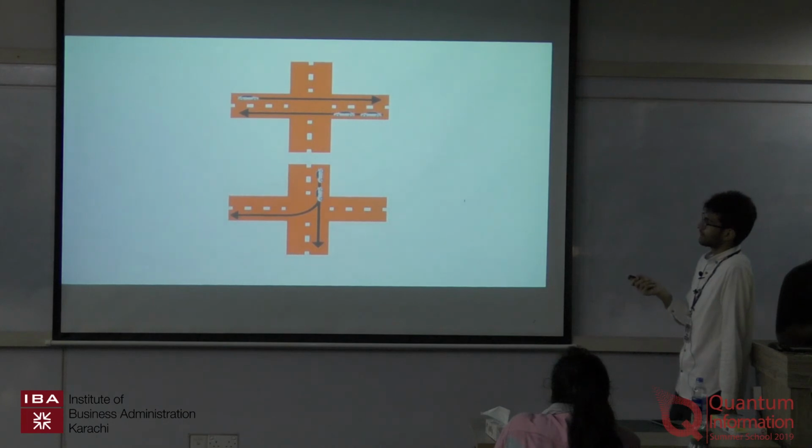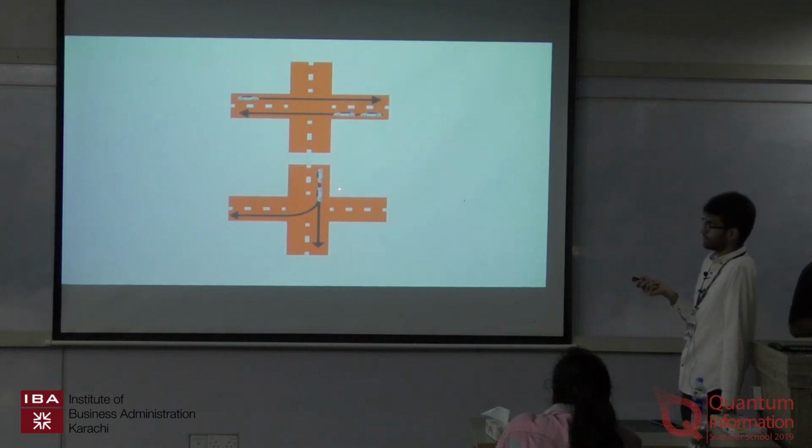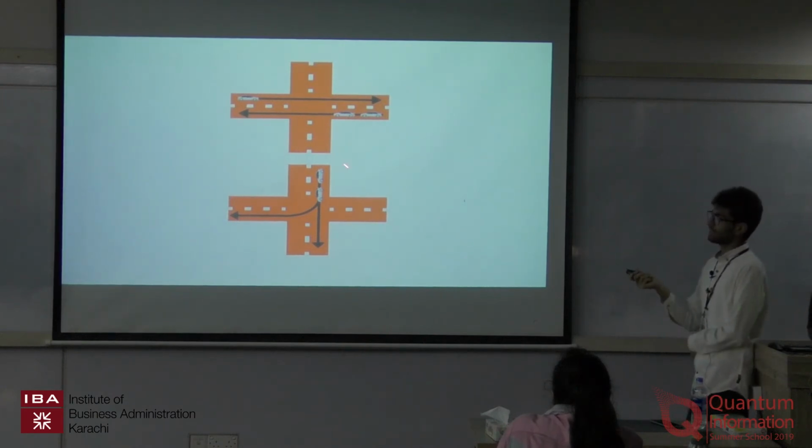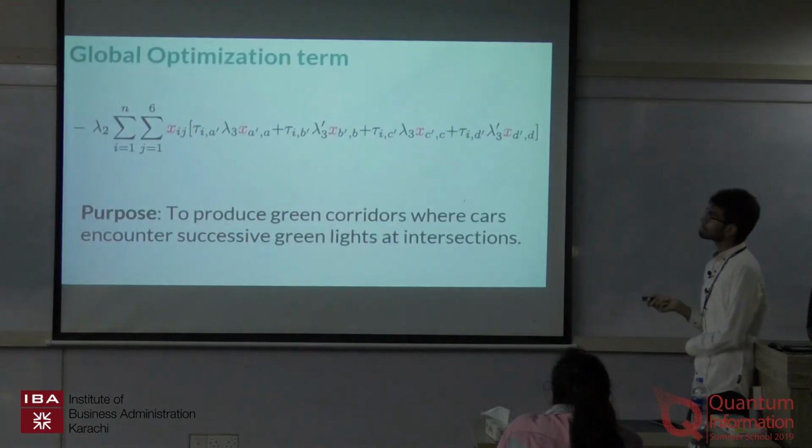This is, I think, the third mode on, if j is equal to 3 here. And in this case, if you have only a couple of cars there, then this mode is the best mode. So this first term basically tries to find the right mode that will clear out the maximum number of cars.